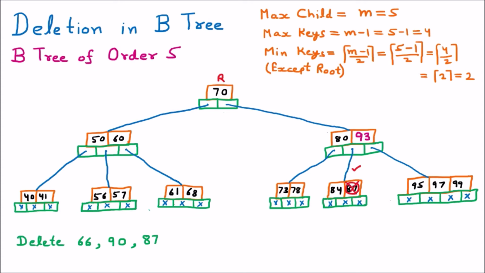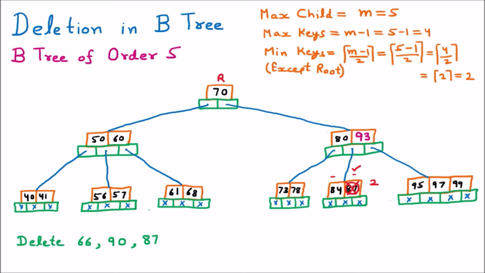But first of all we must understand how many keys are present right now. Right now there are 2 keys available, and if we are going to delete this node, then afterward it will be 1 key. In different books there are different definitions about the minimum keys.